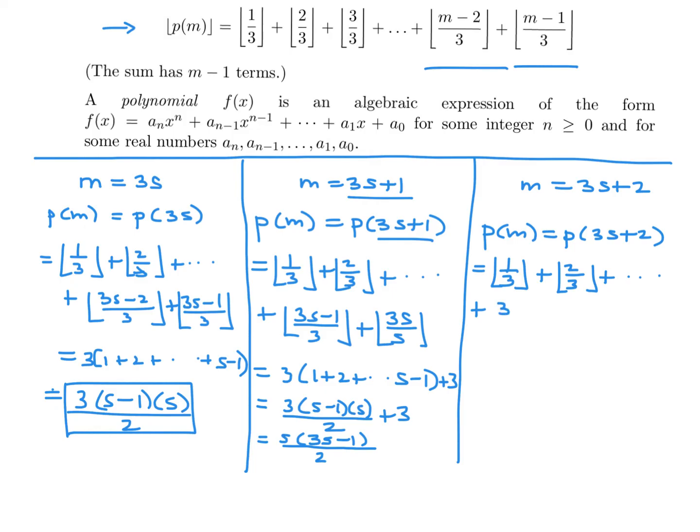So this is going to be s over 3s, and 3s plus 2 minus 1, so 3s plus 1, like that. So this is going to be, I think, 1 plus 2 all the way till s minus 1. And then there's going to be 2 s's at the end.